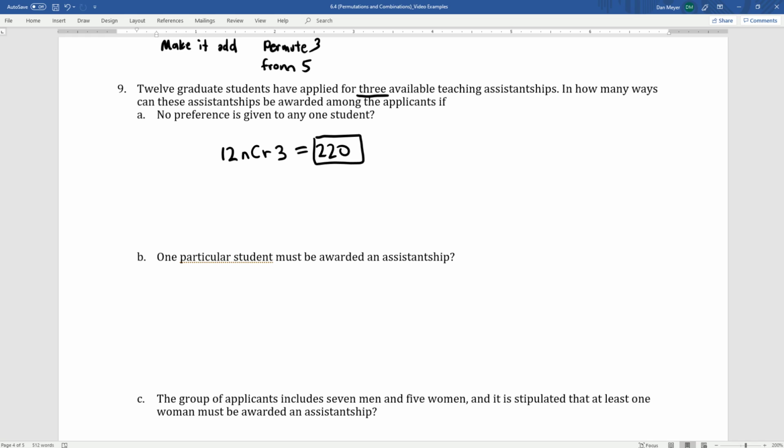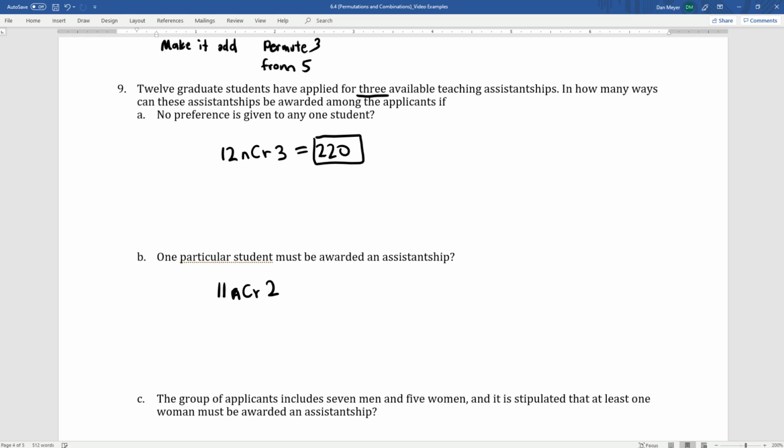In Part B, it's asking how many ways there are to do it if one particular student must be awarded an assistantship. When I first saw this as a homework question, by the way, I'm like, what are they getting at there? And I figured it out. Basically, we're not picking 3. One of those people has been chosen for us. Okay? We're looking at the 11 remaining students and picking 2 of them.